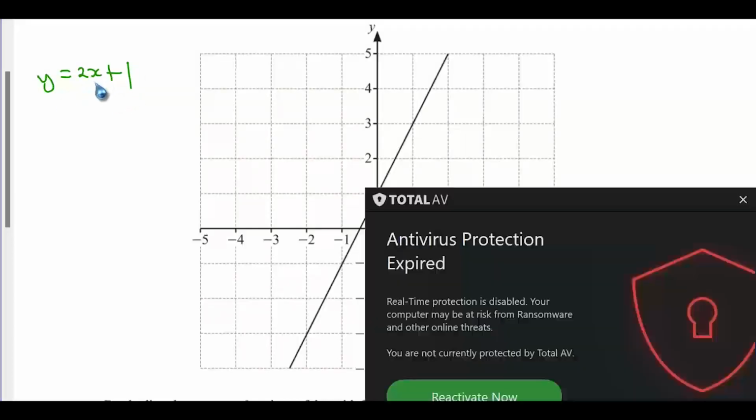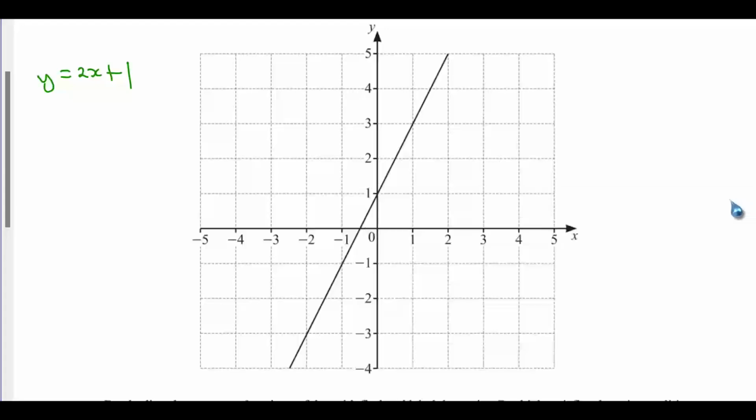When you compare this with the general equation of a straight line, y equals mx plus c, that implies that the gradient m is equal to 2, which is the same thing as 2 out of 1, and the intercept on the y-axis, that is c, is equal to 1.